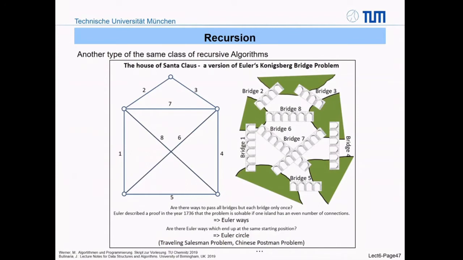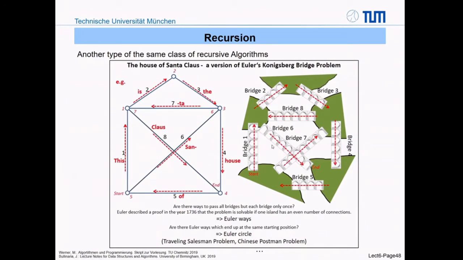And this is related to the traveling salesman problem, or the Chinese postman problem. So if you pass all of the elements, and you end up at the starting point here. With this, you can solve all of these possibilities just with this backtracking algorithm.